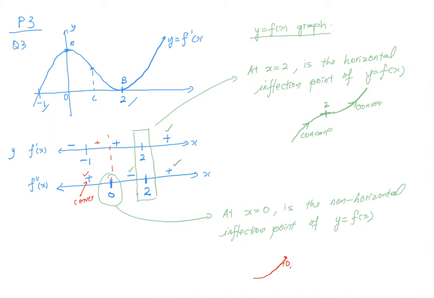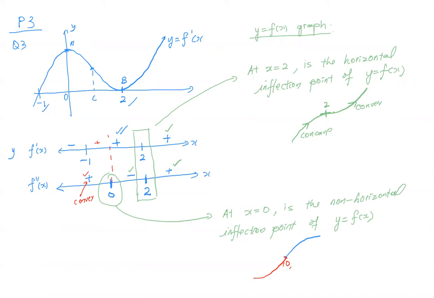Then it continues to go up, but concave. See or not? So that is how you interpret from there. You get all this interpretation done, then only you draw the graph.